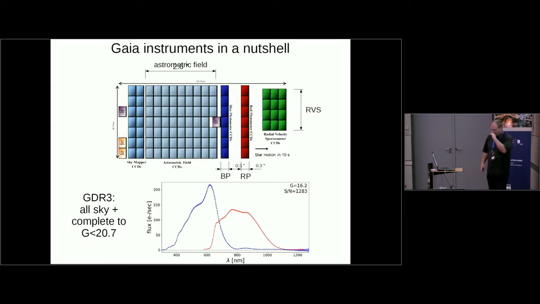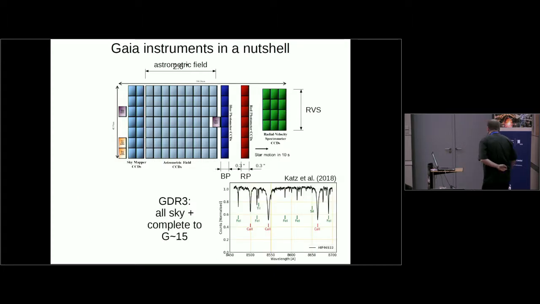This goes to show, first, an impression of the kind of spectra that I will be using later to fit stellar parameters, but also that, despite the low resolution, you can see emission lines if they are just strong enough. Like the photometry, they will be all sky and complete down to 20.7 magnitude. So every source will have such a spectrum. At least that's the plan for now.